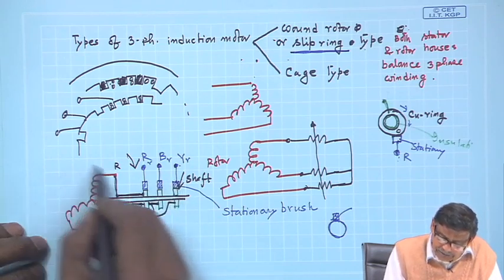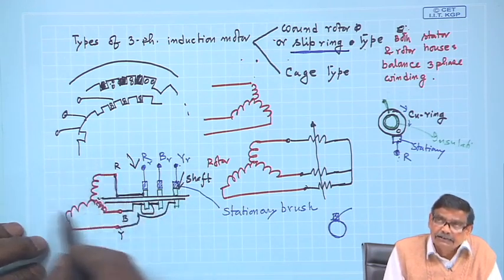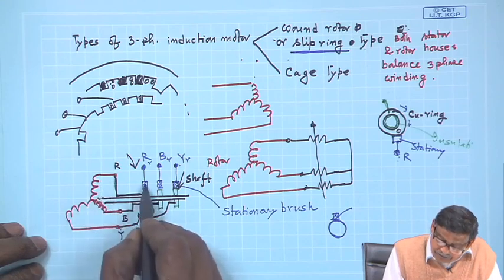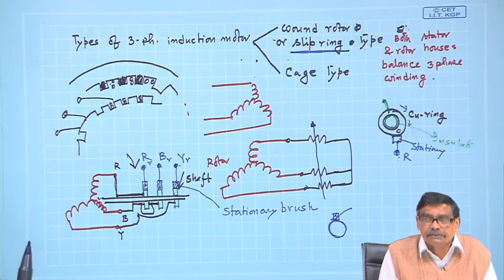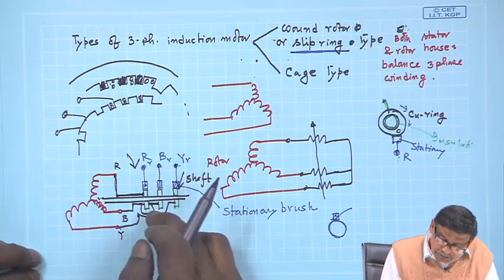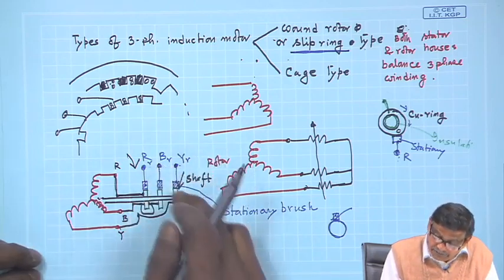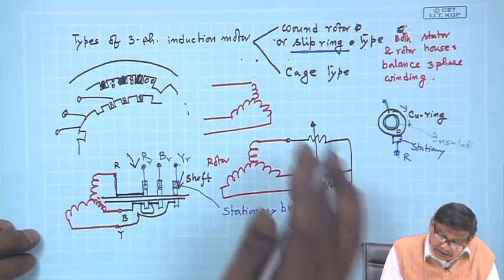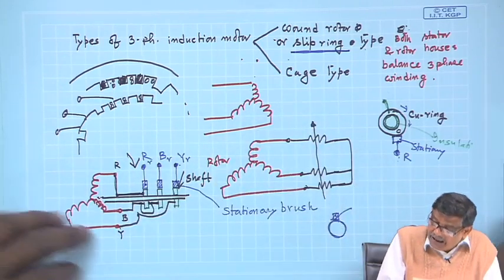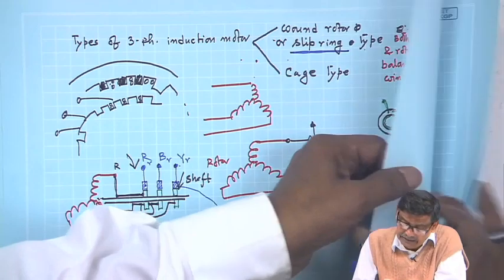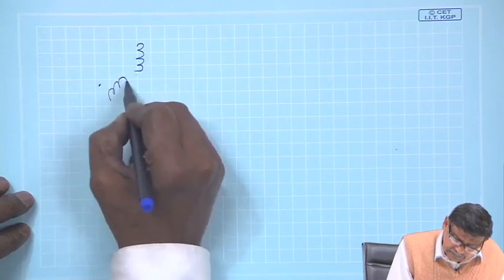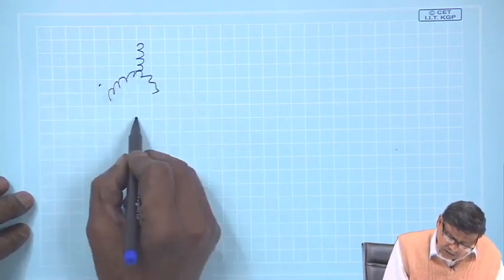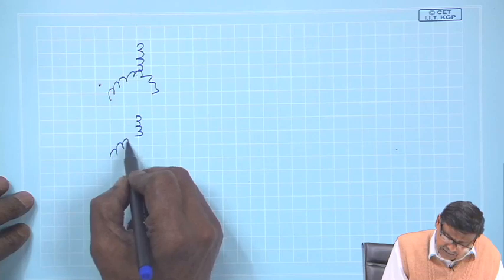Therefore, no matter where your R phase is as it is moving, this fixed brush here will always indicate R phase. This fixed brush will always indicate Y phase and B phase. So, this is called a slip ring induction motor, and it is shown like this. This is the stator, and the rotor has a 3 phase winding like this.